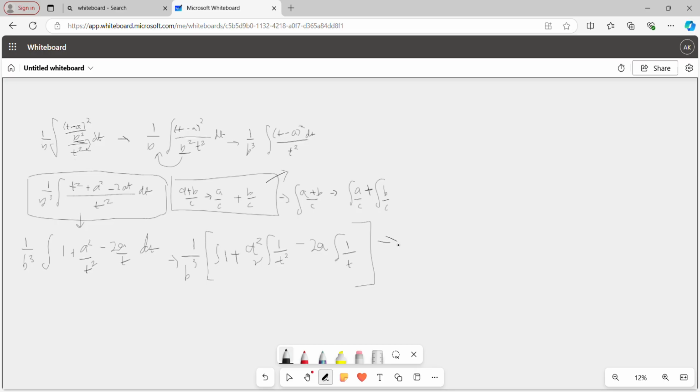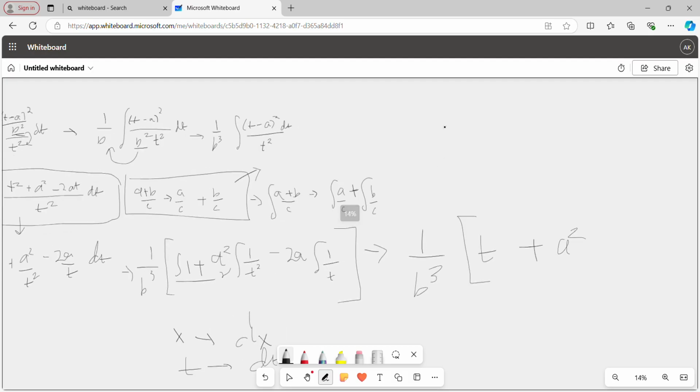So 1 over b cube. The integral of 1 is x, but it's with respect to the variable of integration. In our case we've taken t, so it's going to be with respect to dt. You're going to get t plus a square. What's the integral of 1 by t square, you suppose? You can write 1 by t square as t to the power minus 2.